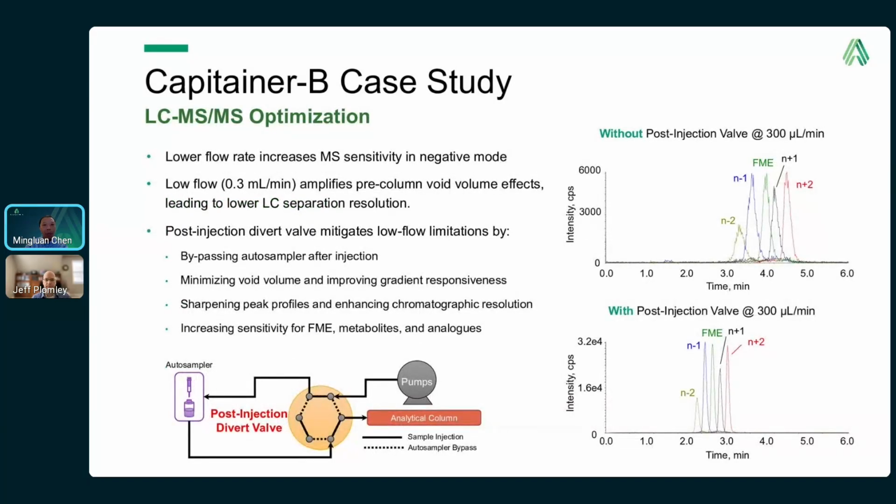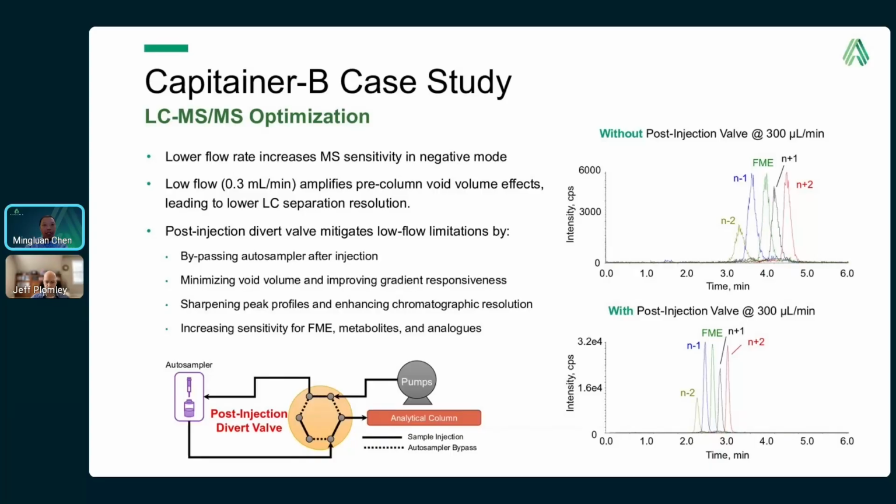To begin, we optimized the LC-MS configuration. Typically, low LC flow rates could help improve MS sensitivity in negative ion mode for ASO. However, low flow rates such as 0.3 mL per minute amplify the pre-column volume effects and reduce LC separation resolution.